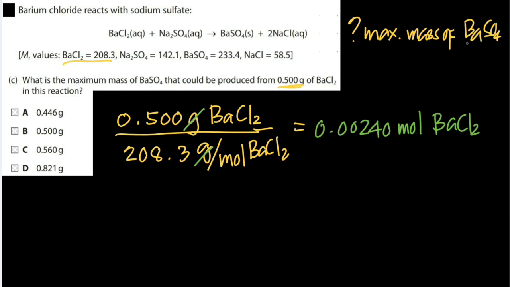Now, since we are interested in finding the mass of barium sulfate that will be produced from the given mass of barium chloride, and we've already solved for the number of moles of barium chloride, we just need to get the molar ratio and multiply to the number of moles of barium chloride.